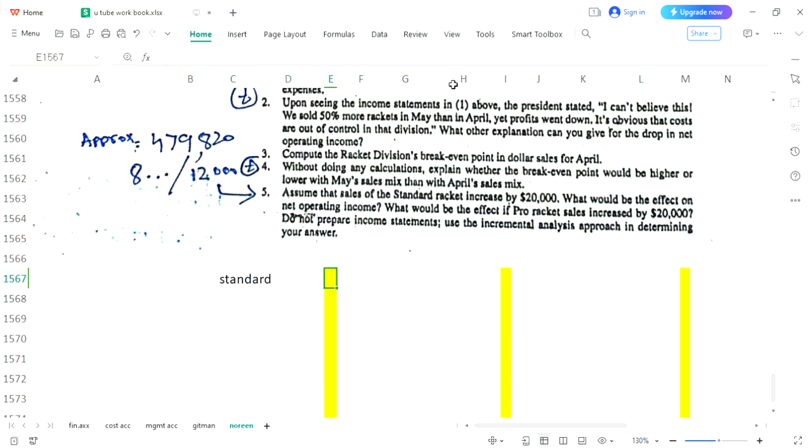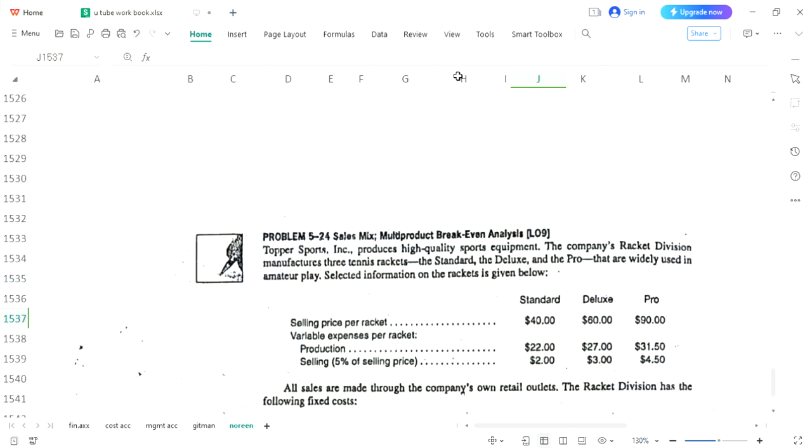This place would be fixed for the second product, which is, I think, deluxe, and the next part would be used for making the income statement for the last product, which is pro. Let's check whether it is standard, deluxe and pro. Yes, we have three products: standard, deluxe and pro.